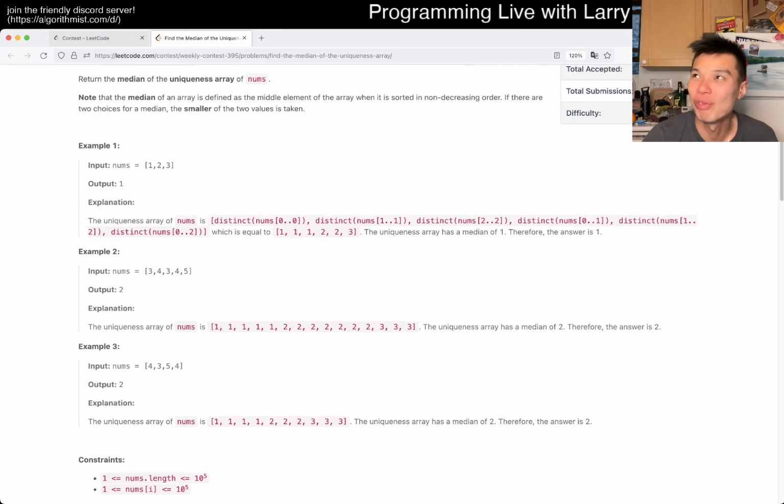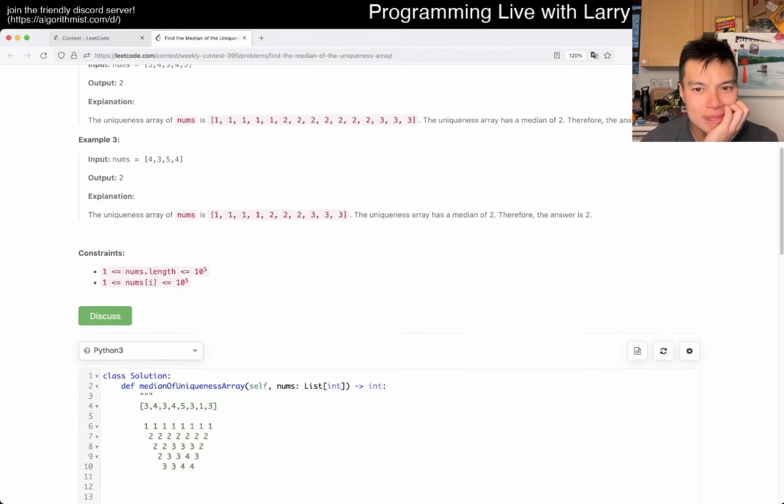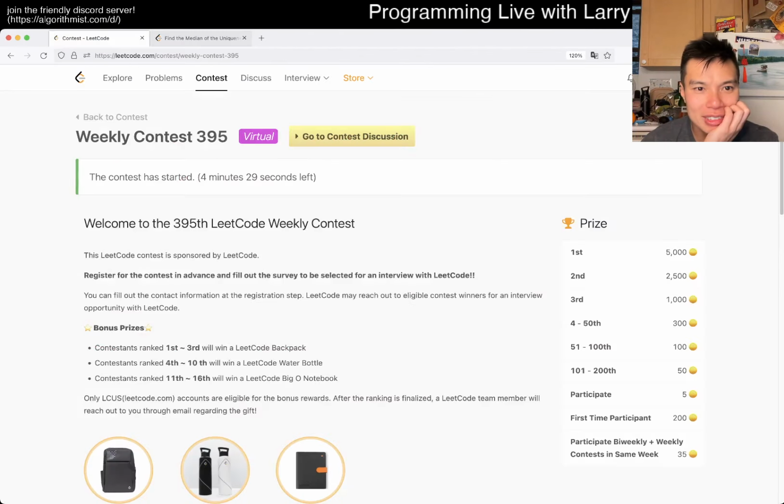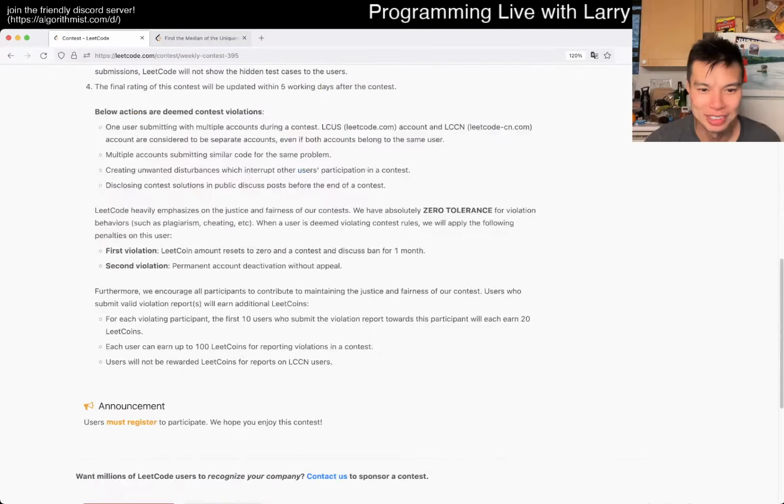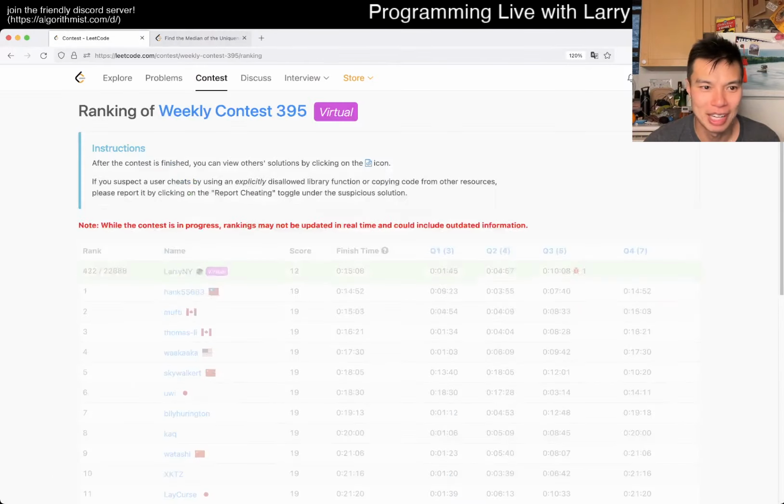What I want to do in my heart is some sort of difference array or something, but I don't know how to deduplicate something in this kind of way. I have noticed some patterns, but I don't know. All right. Well, definitely when the virtual is over, I will have to.